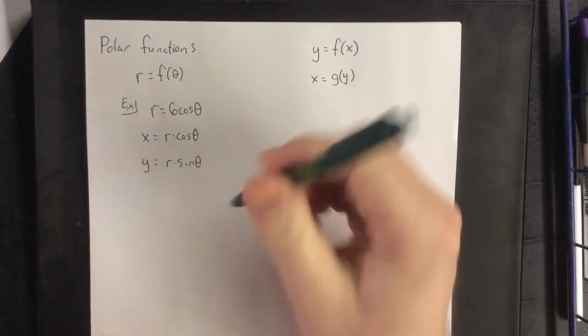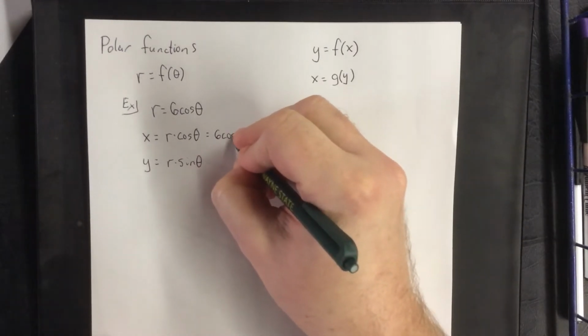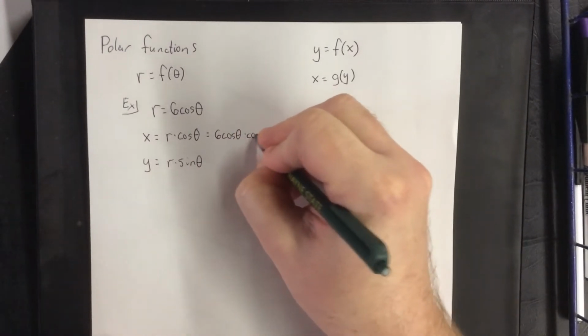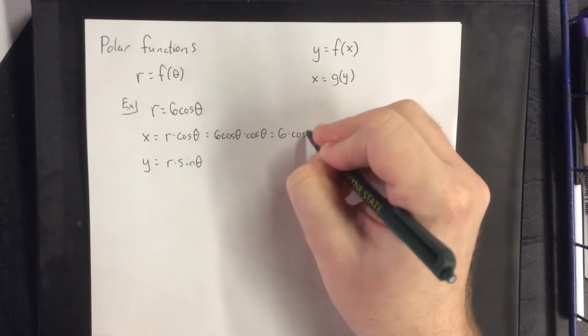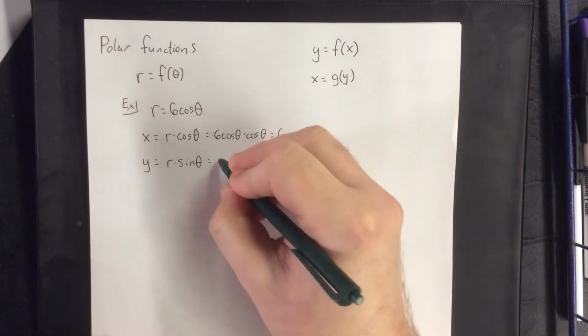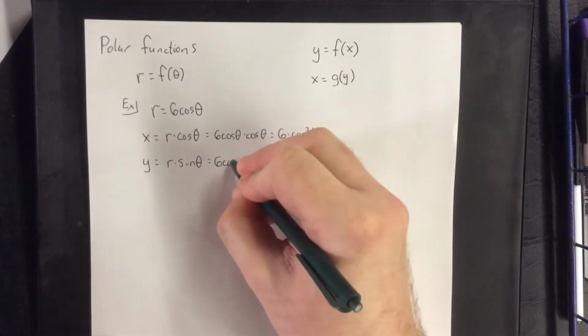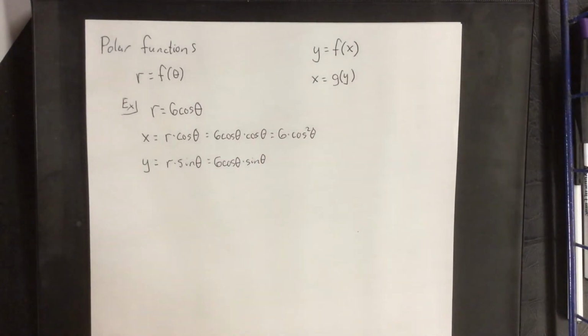However, we know what r is equal to, so I'm going to make a substitution on r and call this 6 times the cosine of theta times the cosine of theta, which of course simplifies into 6 times the cosine squared of theta. For the y-coordinate, that would be 6 times the cosine of theta times the sine of theta, and there's no additional algebra to do with that.